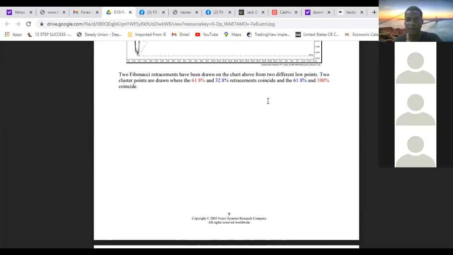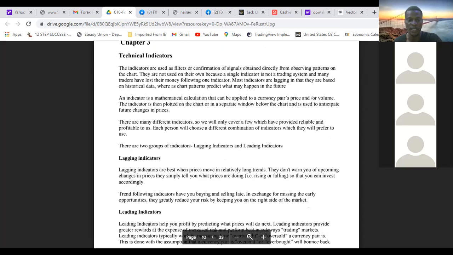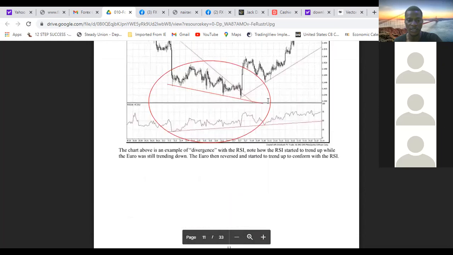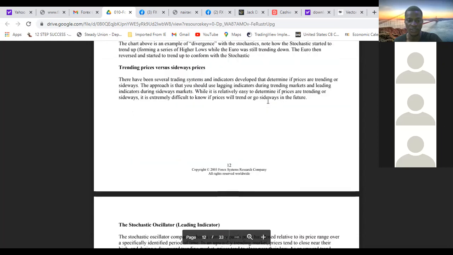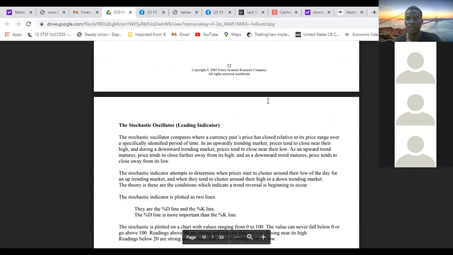Before you enter a trade, you must know how much you are willing to lose on the trade, or how much you are going to risk on the trade. It depends on how much you want to risk in your trade, but it's better you work with percentage.